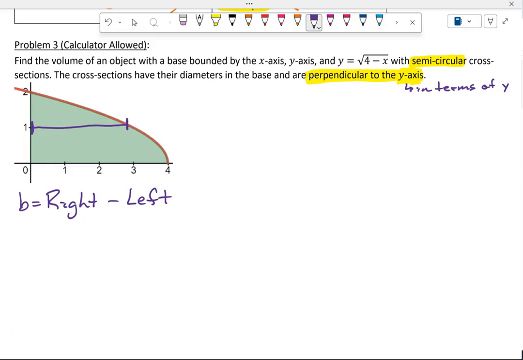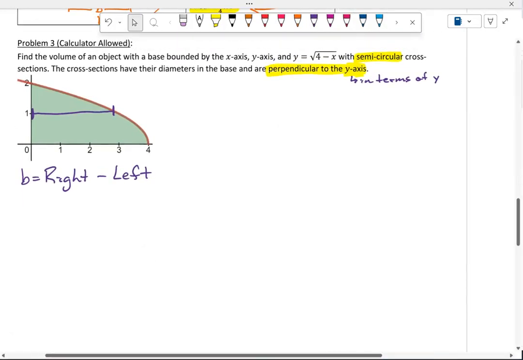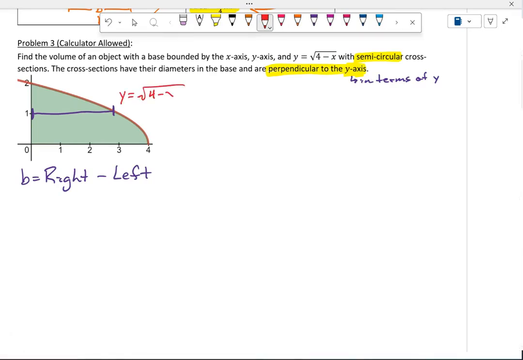Well, what is our right-hand equation? y equals the square root of 4 minus x. Is that in terms of y? So what do we have to do with it? Isolate our x. How are we going to do that? What do we do to both sides? So y squared equals 4 minus x. And then you have a couple options.